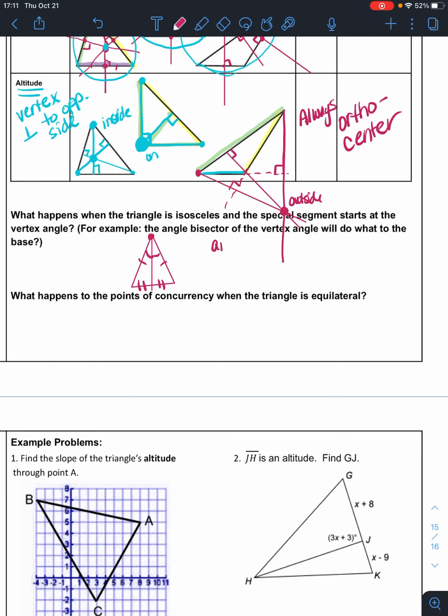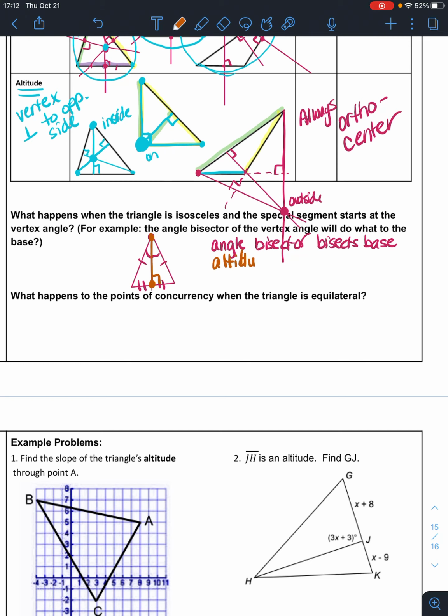So the angle bisector bisects the base. Well, we know that the median already bisects the base, and the median goes from the vertex to the midpoint of the opposite side, which means the angle bisector and the median are the same thing. And the altitude goes down also. So here's what happens.